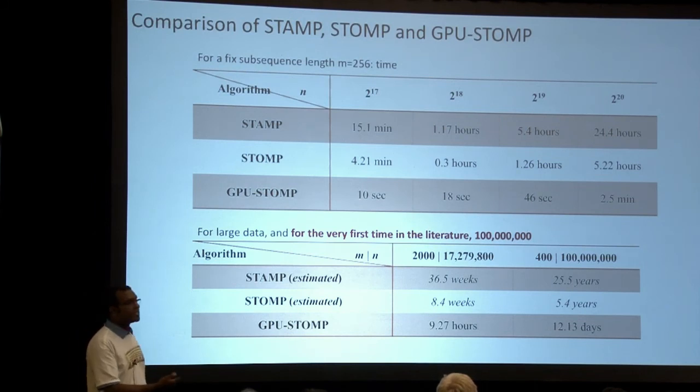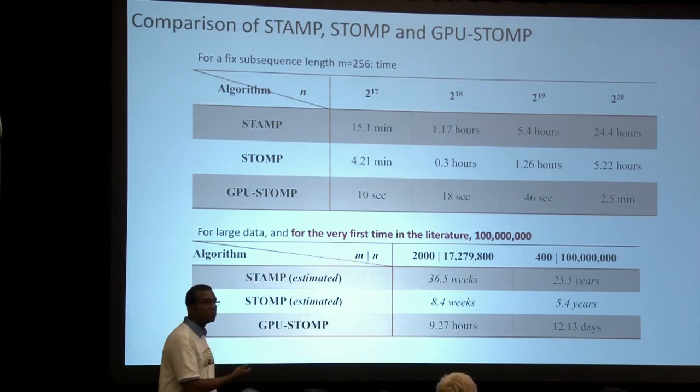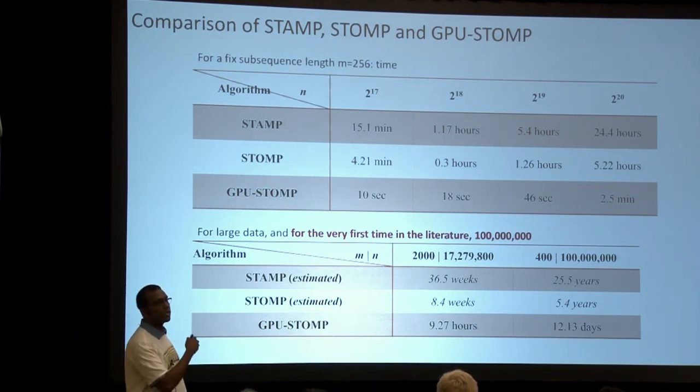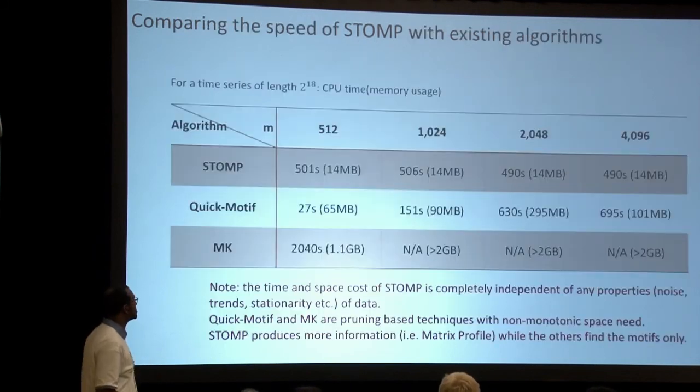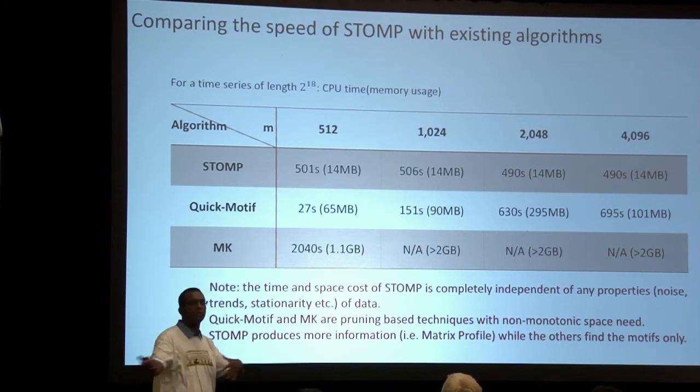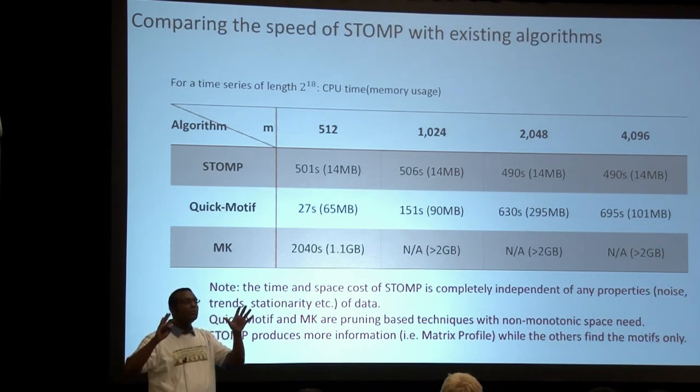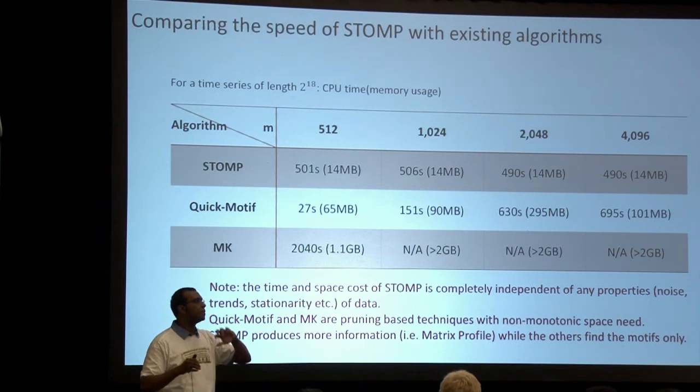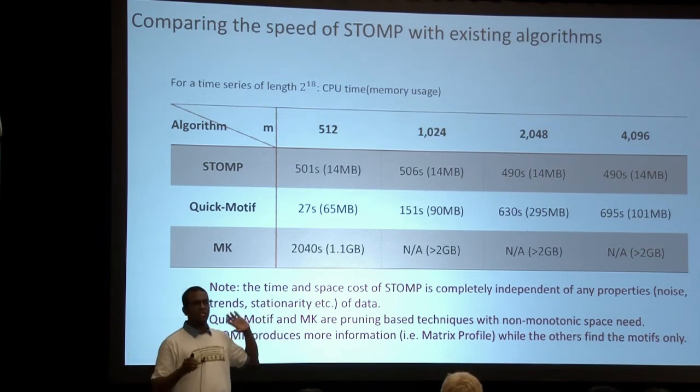How do STOMP, STAMP, and GPU STOMP compare with the other techniques? By other, I mean fundamentally how these algorithms are different from existing techniques. The fundamental difference is that we do not do pruning-based work. Most existing techniques, people will say, how about indexing?